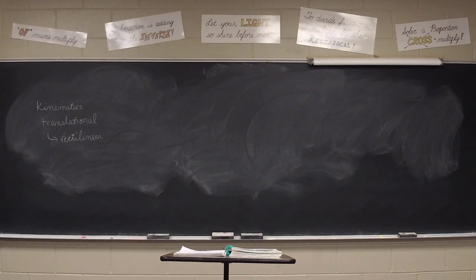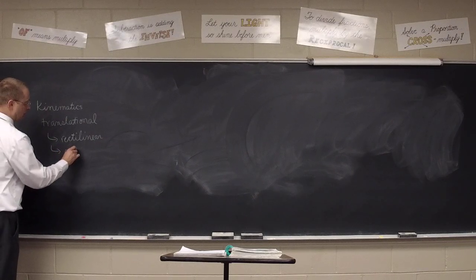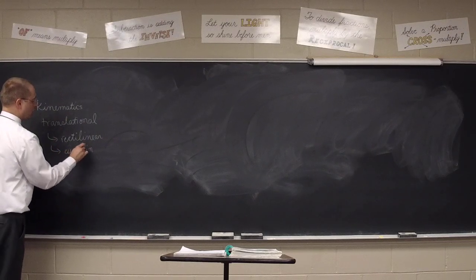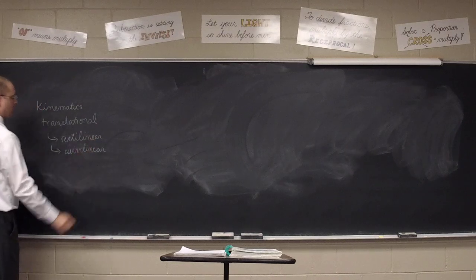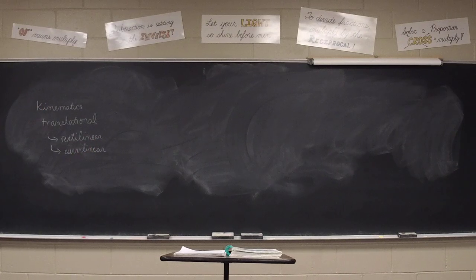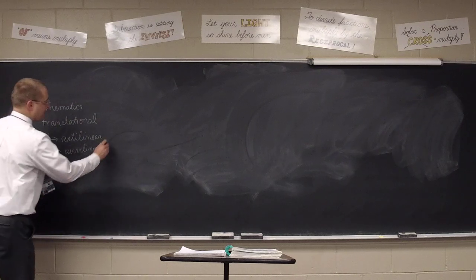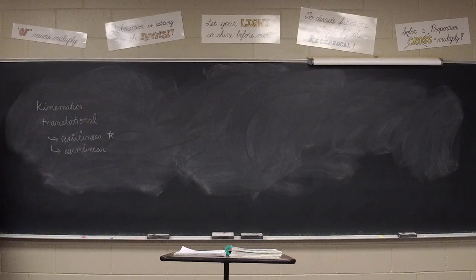Does all motion have to be in a straight line? Certainly not. Oftentimes we see motion that follows a curved path, and this would be called curvilinear motion. And that definition is almost more obvious. It's motion along a curved path. As we begin our study, we are going to focus on the easiest of all motions to describe, and that would be rectilinear motion.